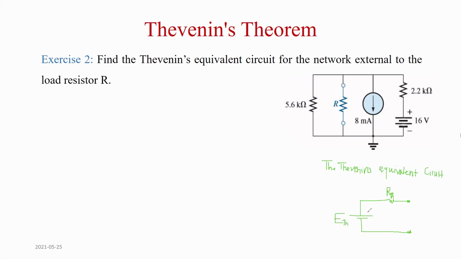I have to find R Thevenin and E Thevenin, and this resistance here, the R, it's our load. So this resistance is added to the equivalent. It's not part of the equivalent circuit. It's not part of the original network. It's the load connected to the network.